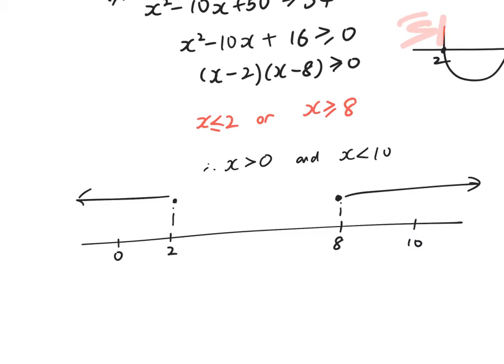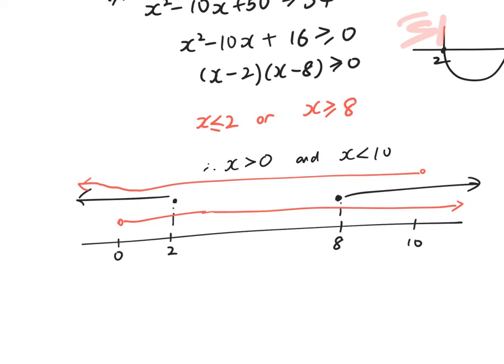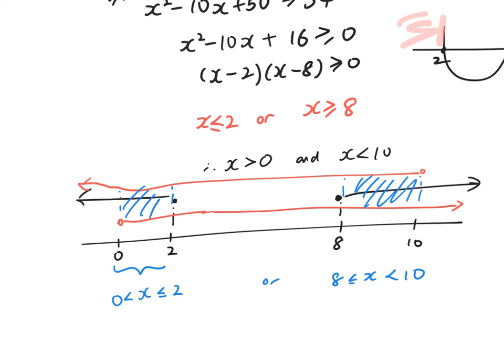X less than or equal to 2, x more than or equal to 8, x must be more than 0, x must be less than 10, and you can see that the area is fulfilled by everybody. Well, it's just basically this part and this part. That's mapped by all three lines, and this is basically x more than or equal to 8 and less than 10, or this portion, which is x more than 0 and less than or equal to 2.